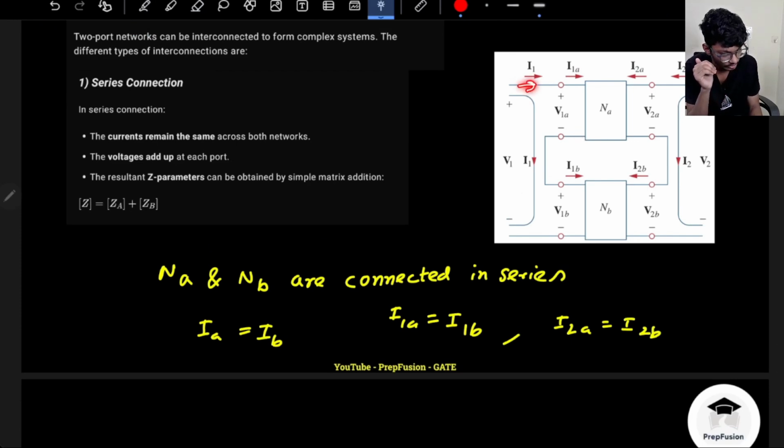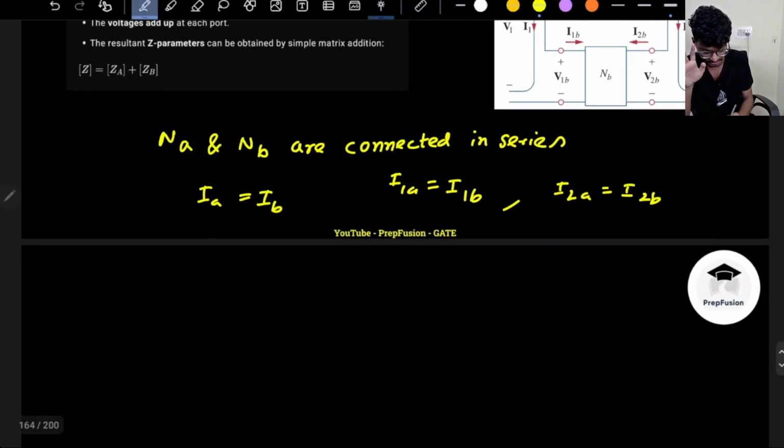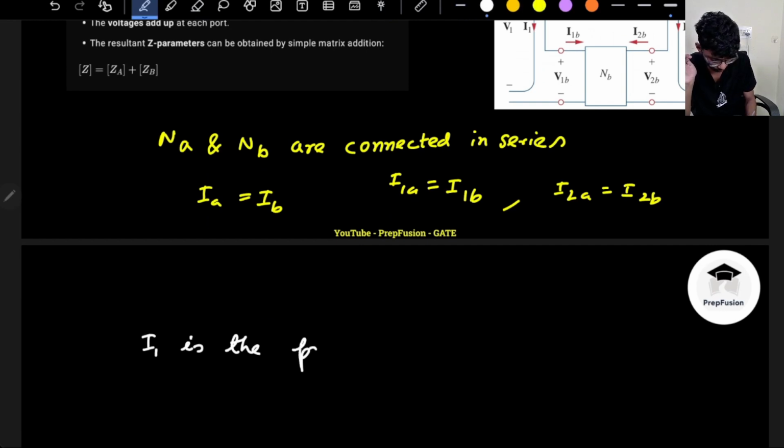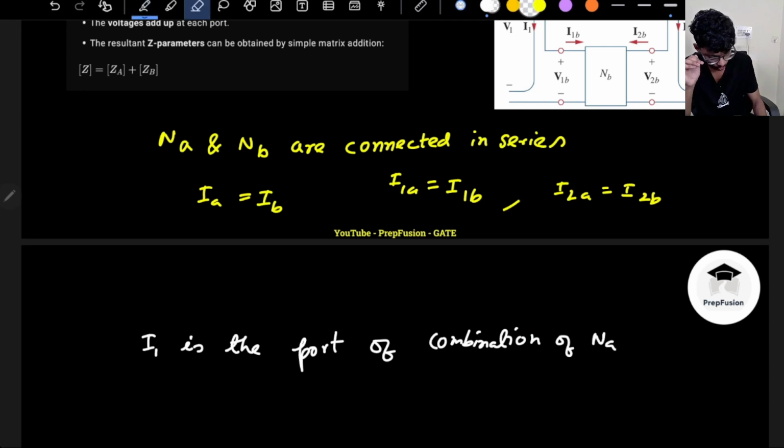Here I1 current is going in. This is the port current of the whole network. I1 current is going in, and this is the port 1 current of network NA. I1 is the port 1 current of the combination of NA and NB.